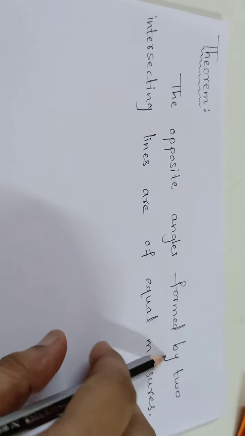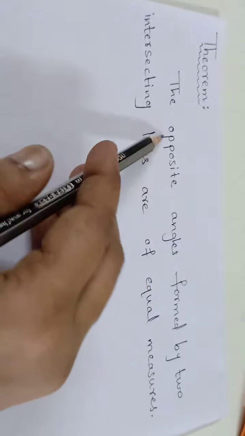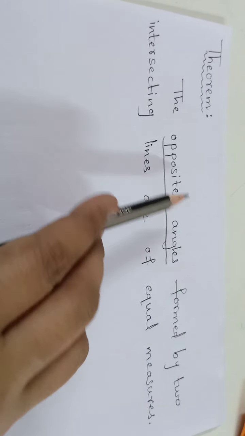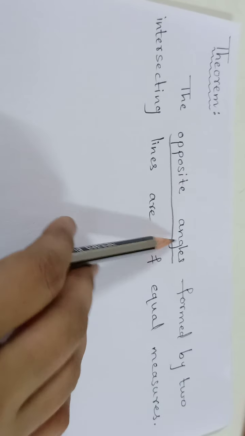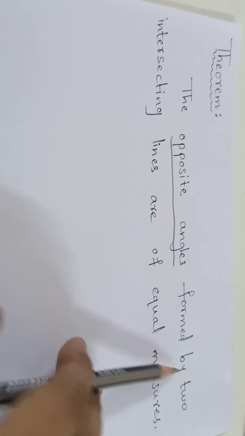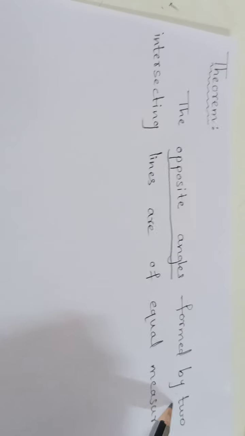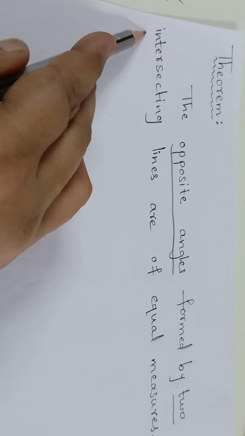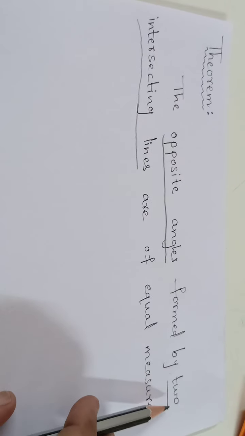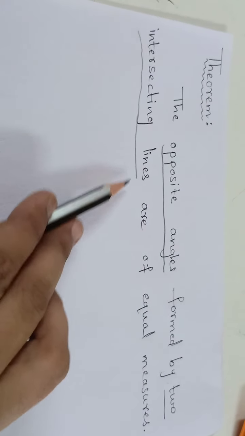The opposite angles formed by. So we want opposite angles here. The main term we have to underline: the opposite angles formed by. We have to take opposite angles which are formed by two intersecting lines. That means now we have got the information about the figure, that in the figure we have to take two intersecting lines.